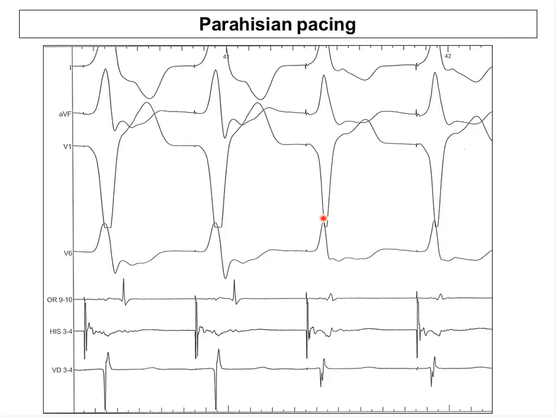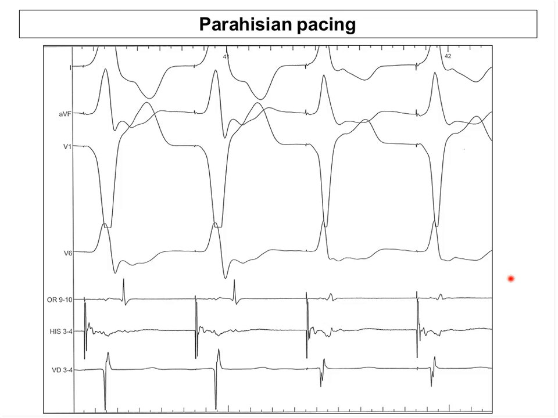So that will be reflected in a shorter VA interval as opposed to the situation with wide QRS that is not capturing the His bundle. And that will be an AV nodal response, and that will tell us that the situation is normal.